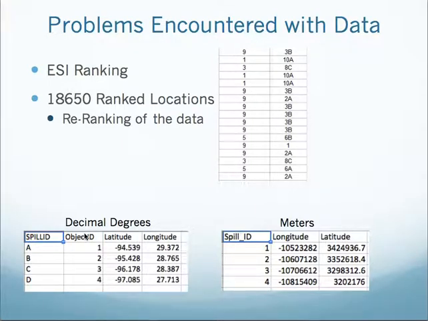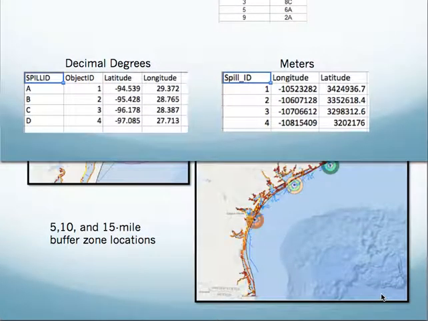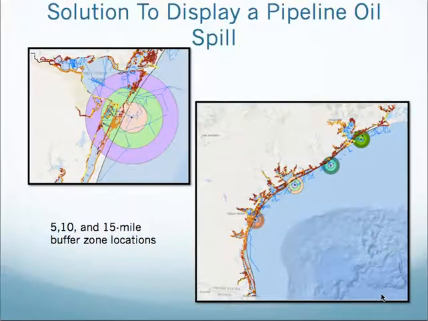I also had to go through and do my oil spill locations for my analysis, because for some reason when they were in decimal degrees, I could not get anything to work, but when I converted the oil spill points to meters, it seemed to work. So that was the first couple things I did.